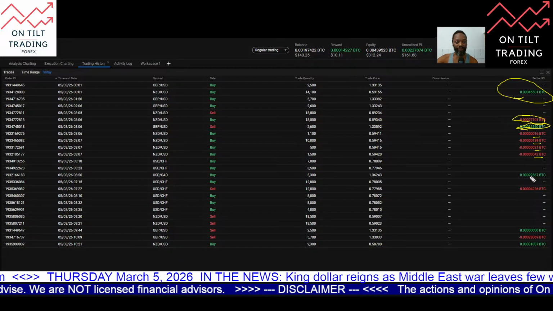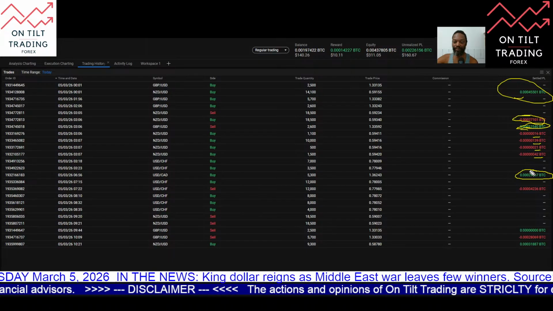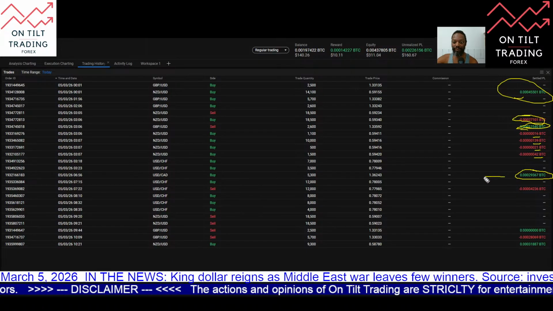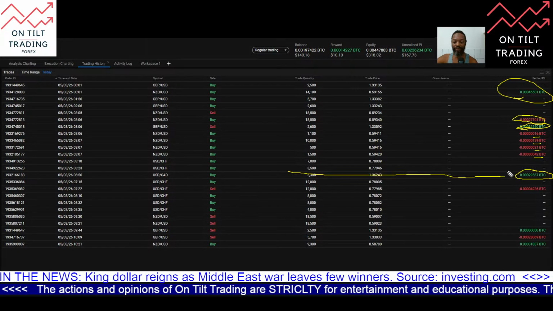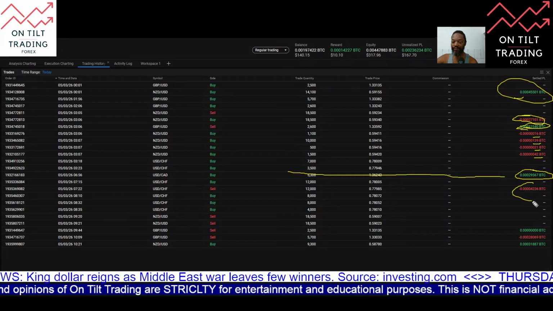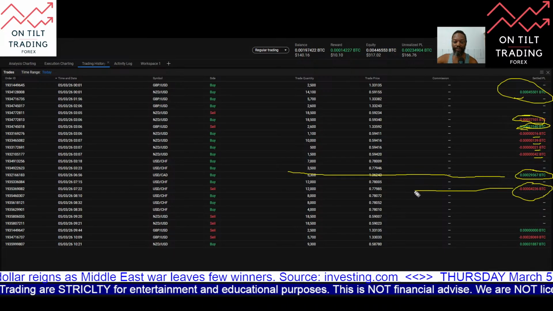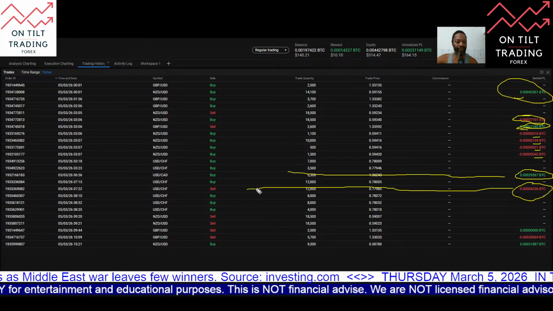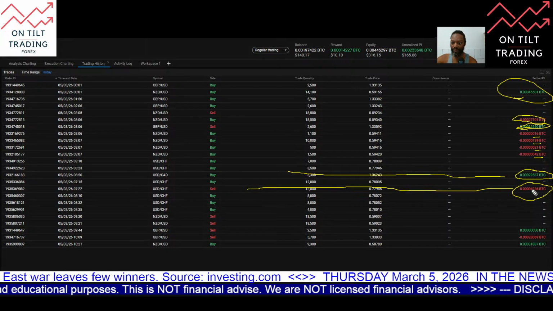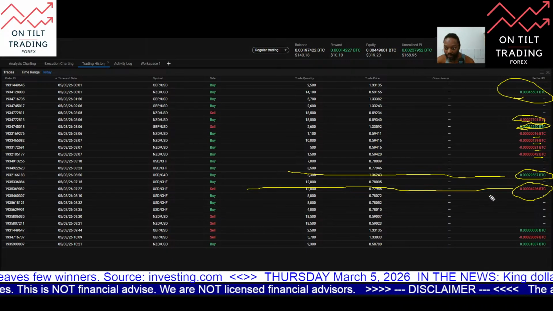Here is taking profit on, what is this? Dollar CAD profit. This is a loss here on dollar Swiss. Is this a loss on dollar Swiss? When did I do this?